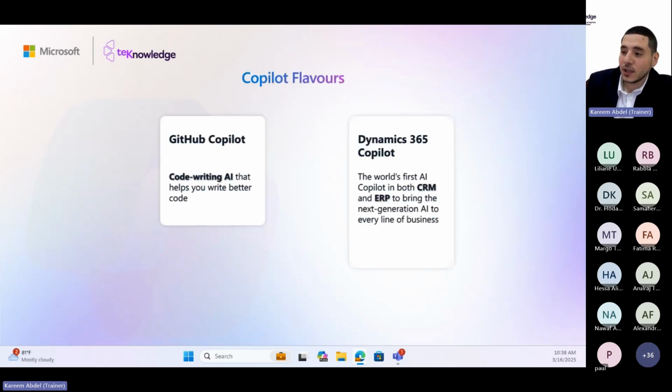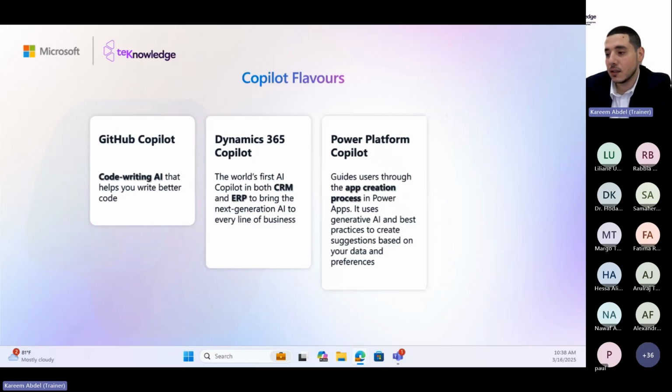Now there are other Copilot extensions or versions that you can use in other applications, such as GitHub Copilot, which is for code generation, code editing, and writing. Dynamics 365 Copilot, and that's the AI assistant that you will use for your CRM or ERP management systems.